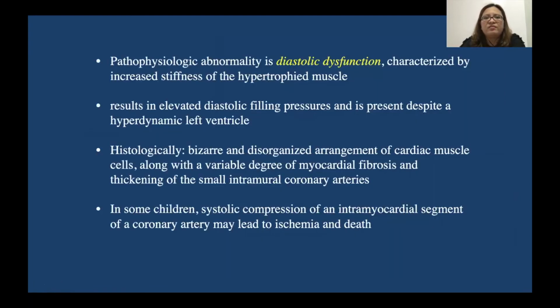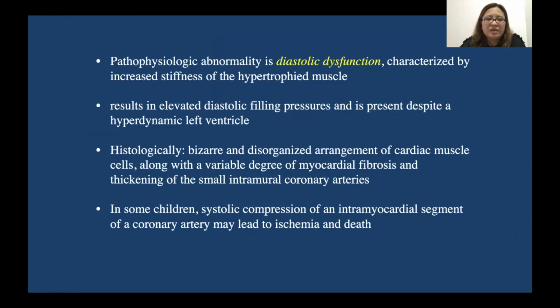So the pathophysiologic abnormality in HCM is diastolic dysfunction, which is characterized by an increased stiffness of the hypertrophied muscle. This results in elevated diastolic filling pressure and is present despite a hyperdynamic left ventricle.